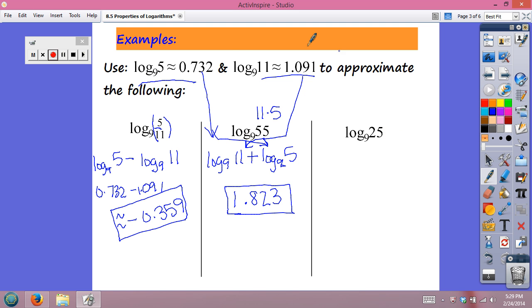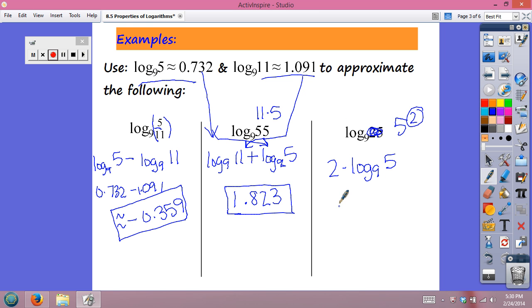Okay, and last but not least, we have log base 9 of 25. How can we use one of these or both of these numbers to get 25? Well, we know that 5 squared is 25. So this tells me we should probably be using the power property, right? So if we have log base 9 of 5 squared, we know that we can just bring that power down. We have 2 times log base 9 of 5 now.